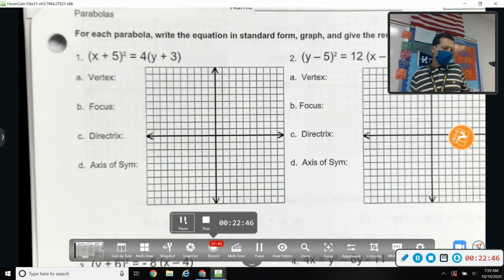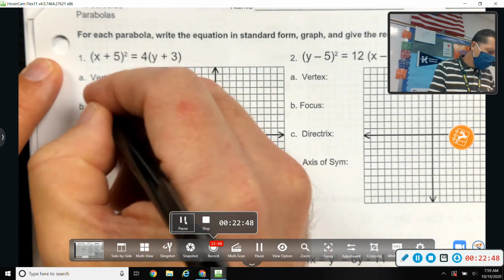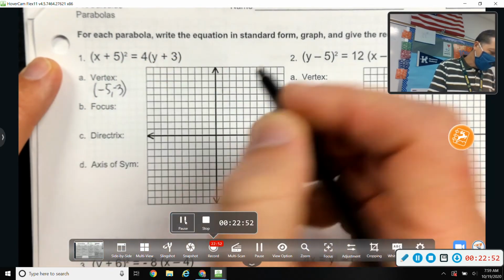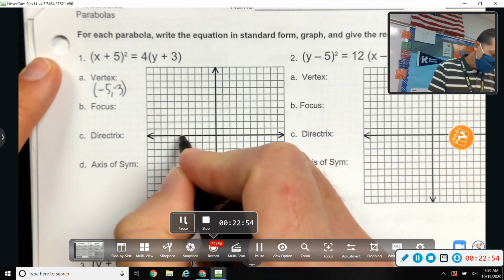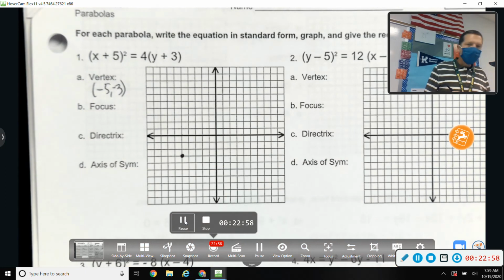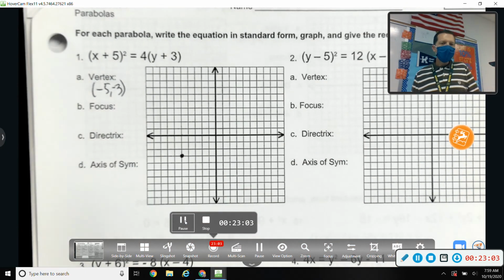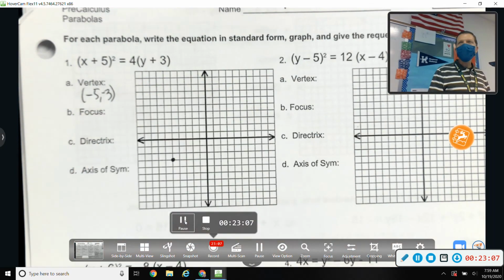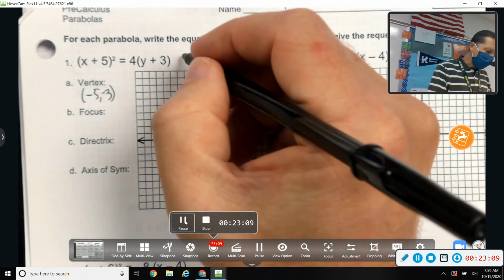So looking at number 1, it's already in the right form. Vertex at -5, -3. Before I go any further than that, I think I should have done this at the beginning. If the x term is squared, it's up and down. It's positive, so it's up.